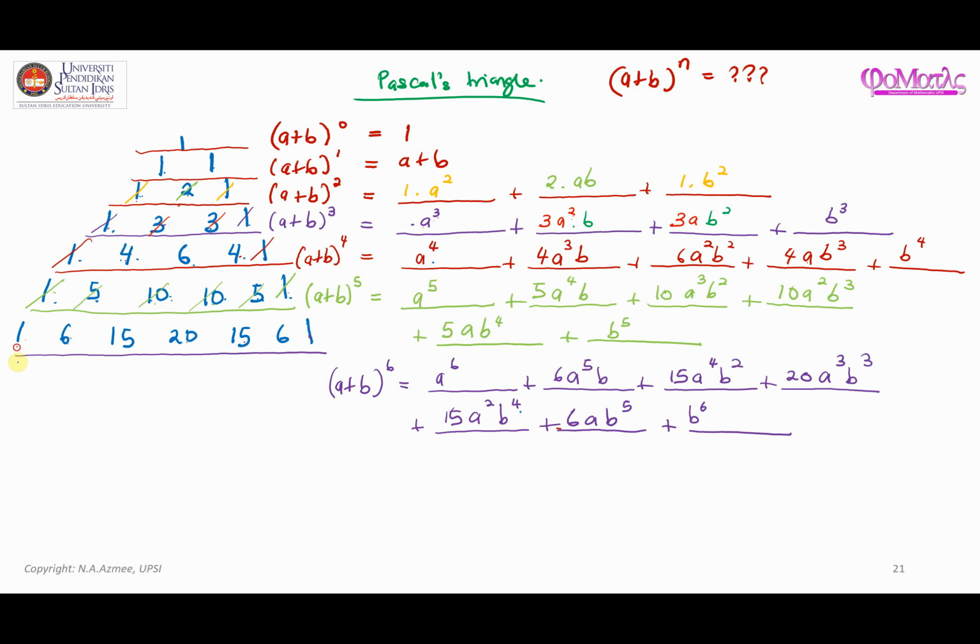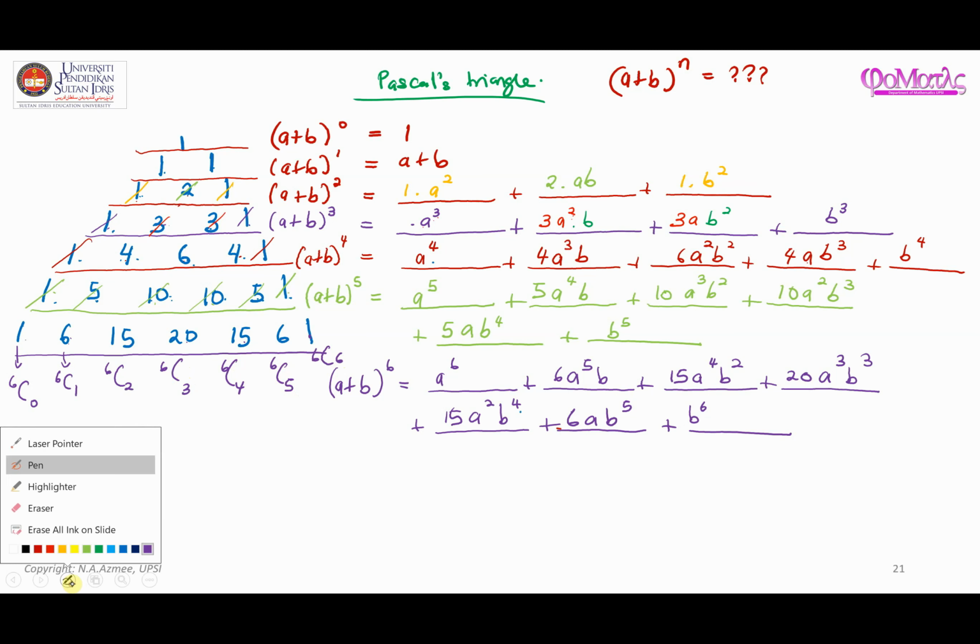So here you have N items, choose 0. This one is actually 6 choose 1, 6 choose 2, 6 choose 3, 6 choose 4, 6 choose 5, 6 choose 6.